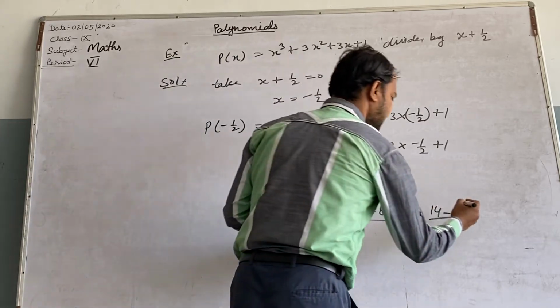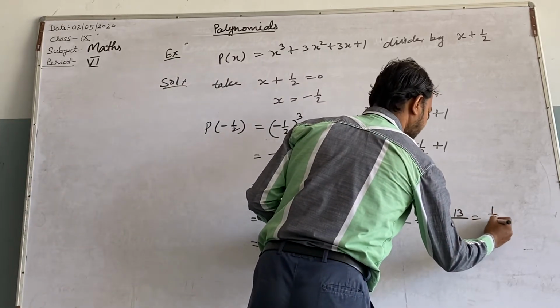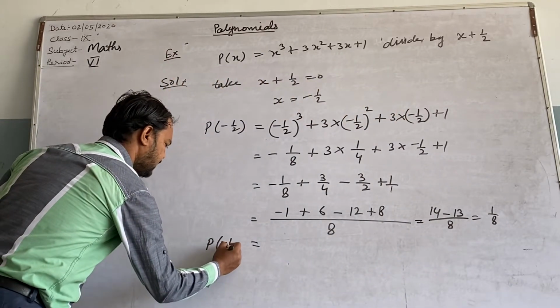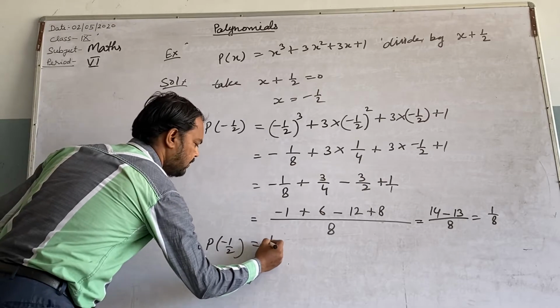Now when you subtract it you get 1 upon 8. So this p of minus 1 upon 2 is minus 1 upon 8.